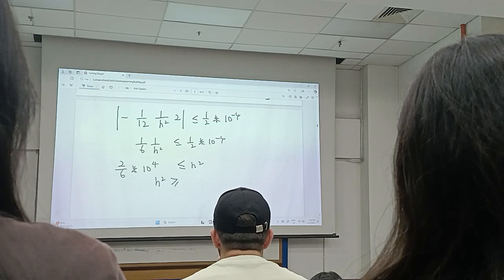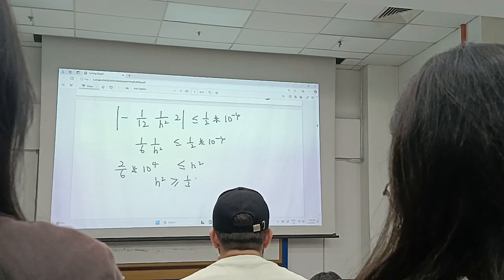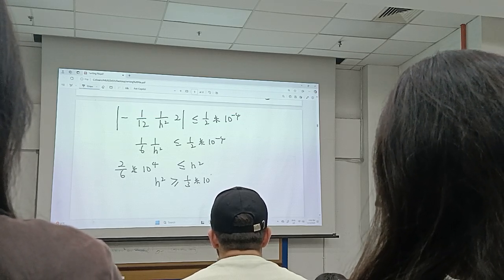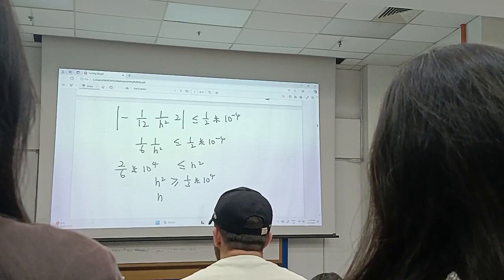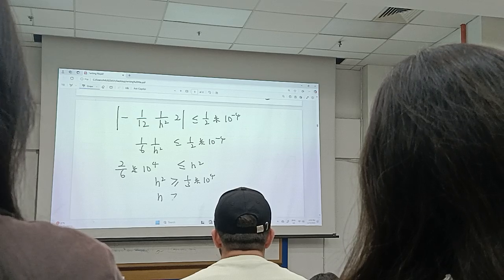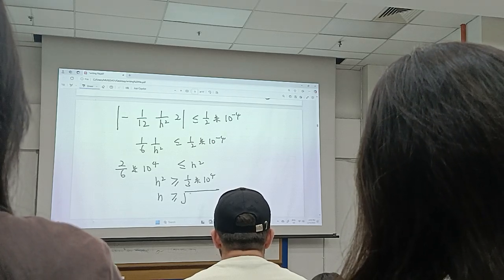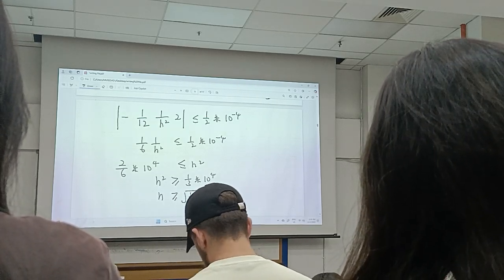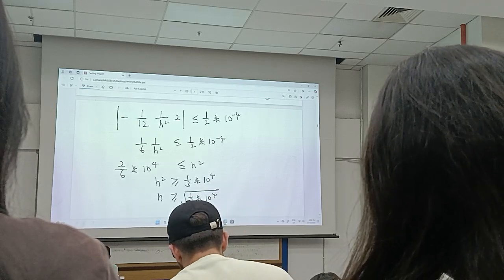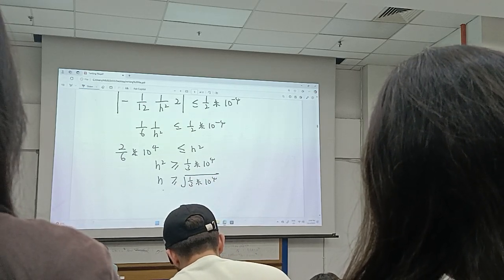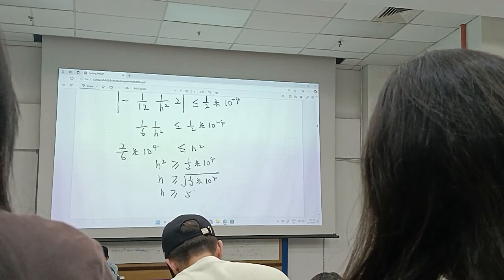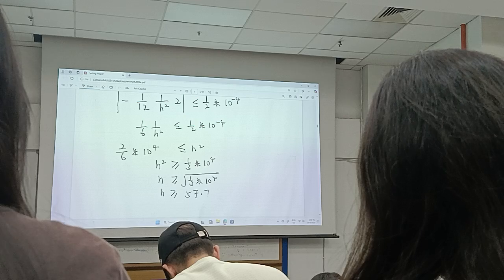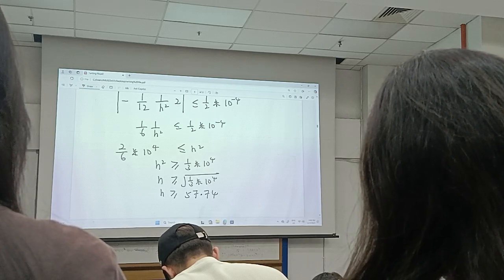N squared more than 1/3 times 10 power of 4. Okay. How to get n? Put the square to the other side, it will become square root. Okay. So press calculator, 57.74.